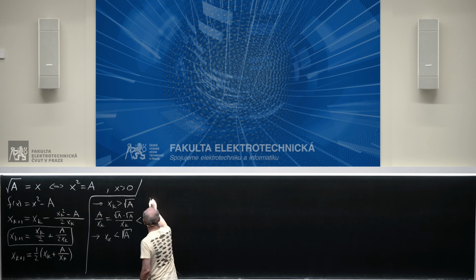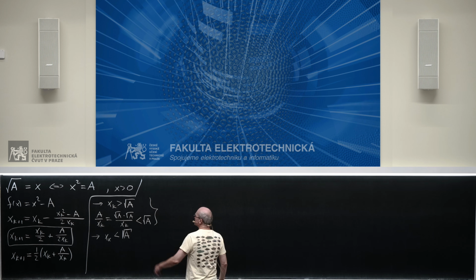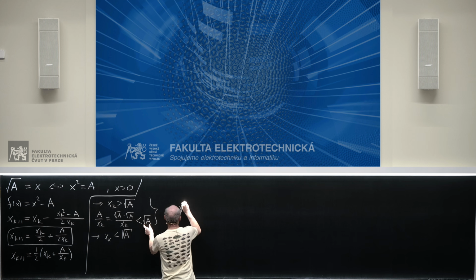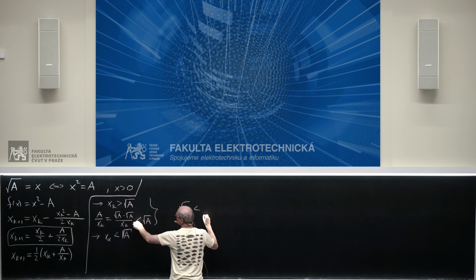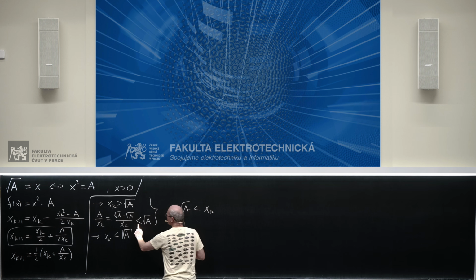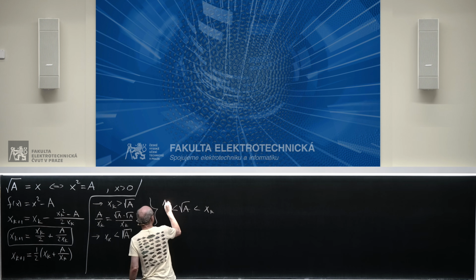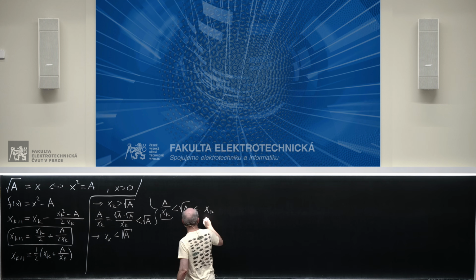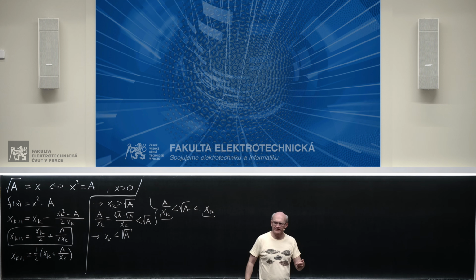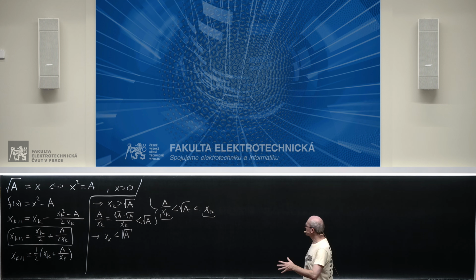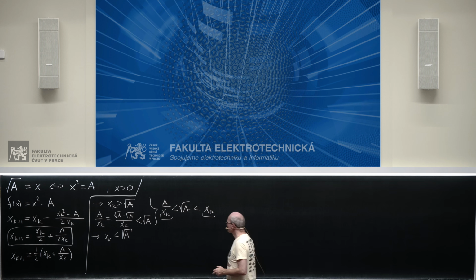And therefore, I can connect it like that, and I see that the square root of a is between x_k on the top and a over x_k as the lower estimate. So these two numbers, the guess x_k and the number a over x_k, they're actually bracketing my square root.